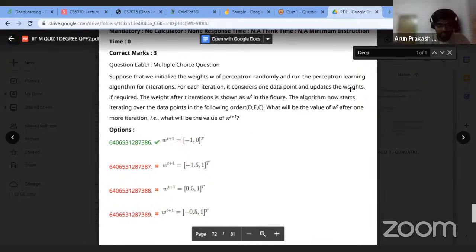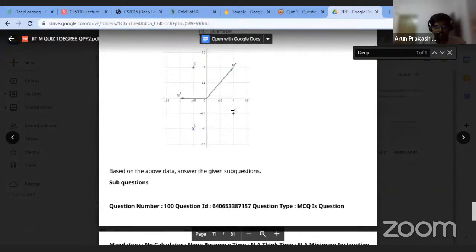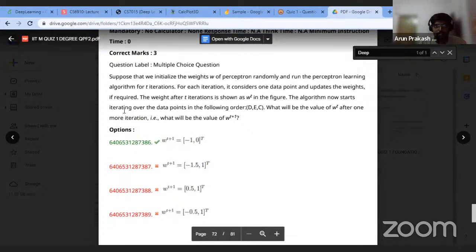We can use SGD for perceptron, and this also follows SGD. But in perceptron, the weight update happens only if it misclassifies the data point. The next line says the weight after T iterations is shown as WT. That is obvious. We run the algorithm for some iterations, and now we are just displaying the current weight value WT. Then the algorithm starts iterating over the data points in the following order.